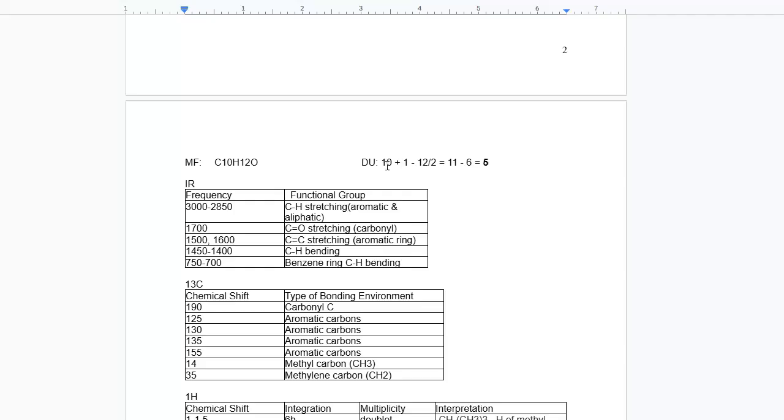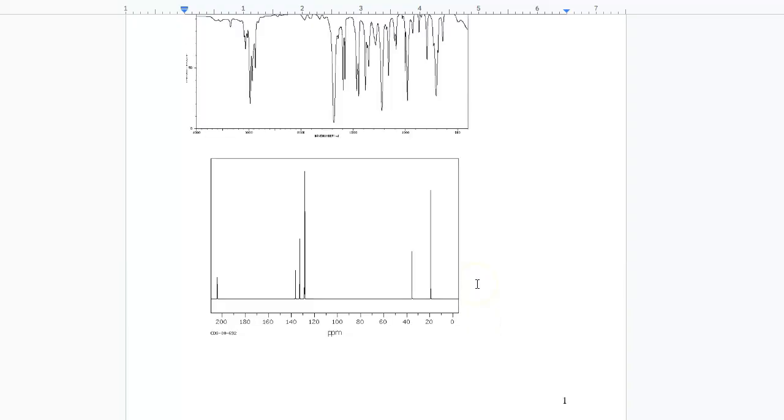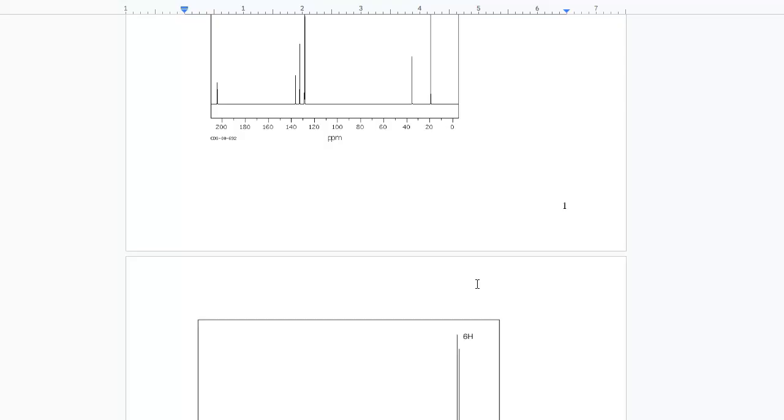degrees total alone. Next, we did some IR spectrum analysis because there's several key peaks. There's a broad range of 3,000 to 2,850 centimeters minus 1, and that's indicating CH stretching from both aliphatic and aromatic sources. There's a strong peak at 1,700 centimeters minus 1, and that confirms the presence of a carbonyl group.